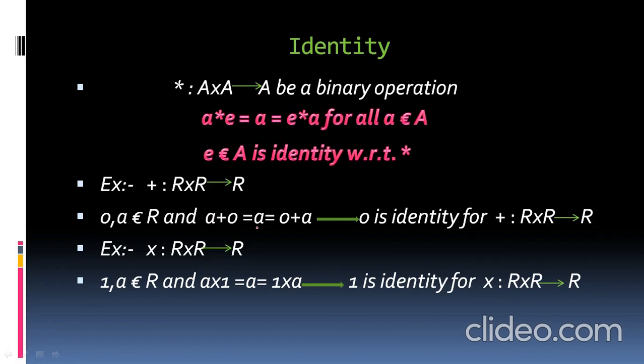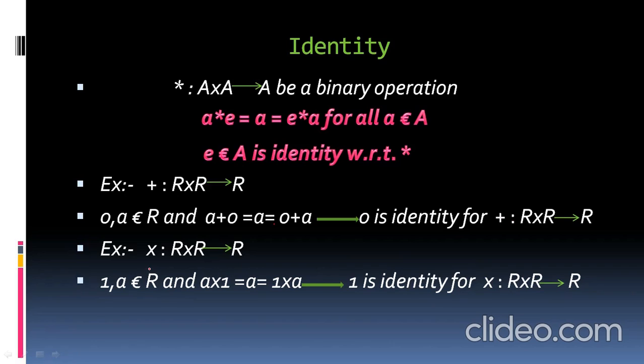That is A plus 0 is always equal to A, and that is equal to 0 plus A. So if we change the order, the result does not suffer, and A plus 0 gives us A. So we can say 0 is identity for addition, binary operation addition on set of real numbers.